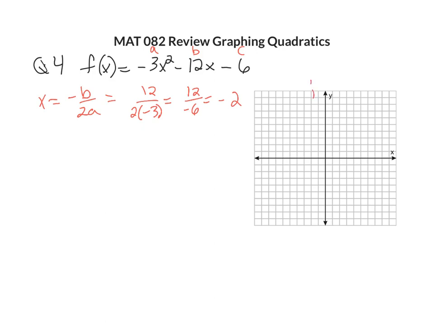So we're going to go ahead and draw that axis of symmetry. And then we're going to plug in that negative 2 wherever we see x.